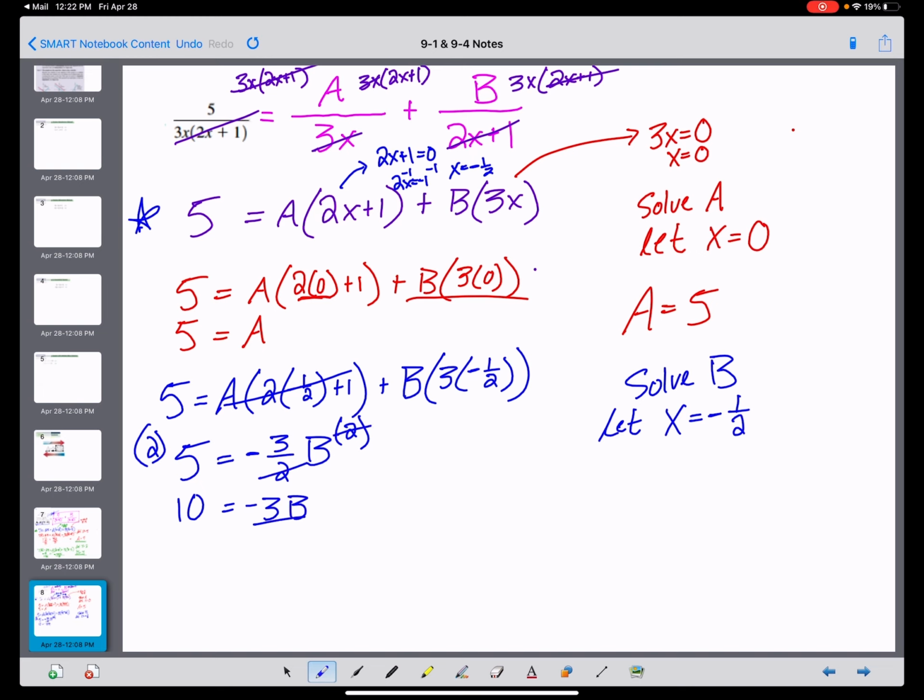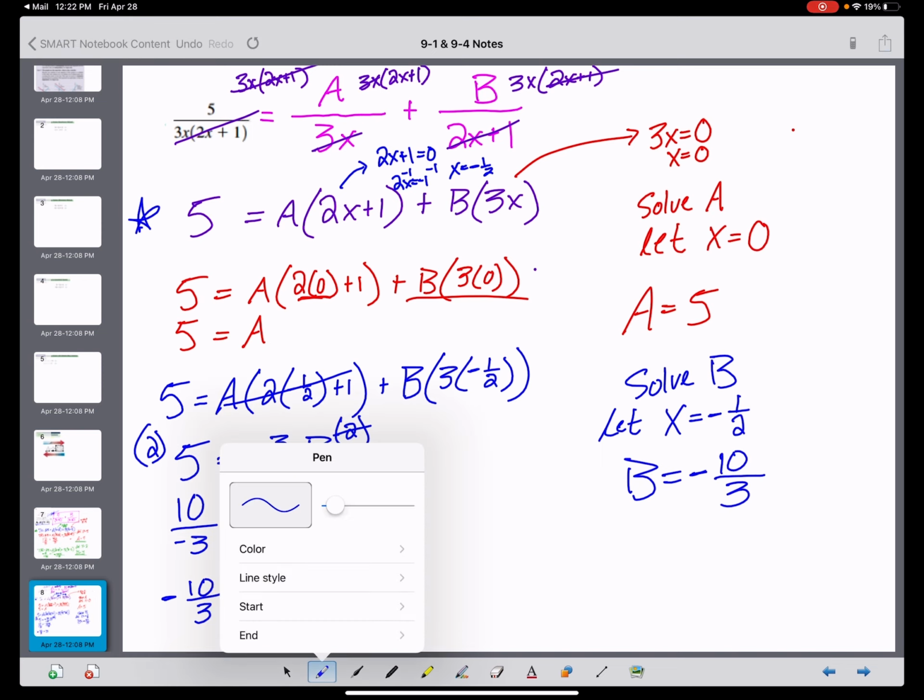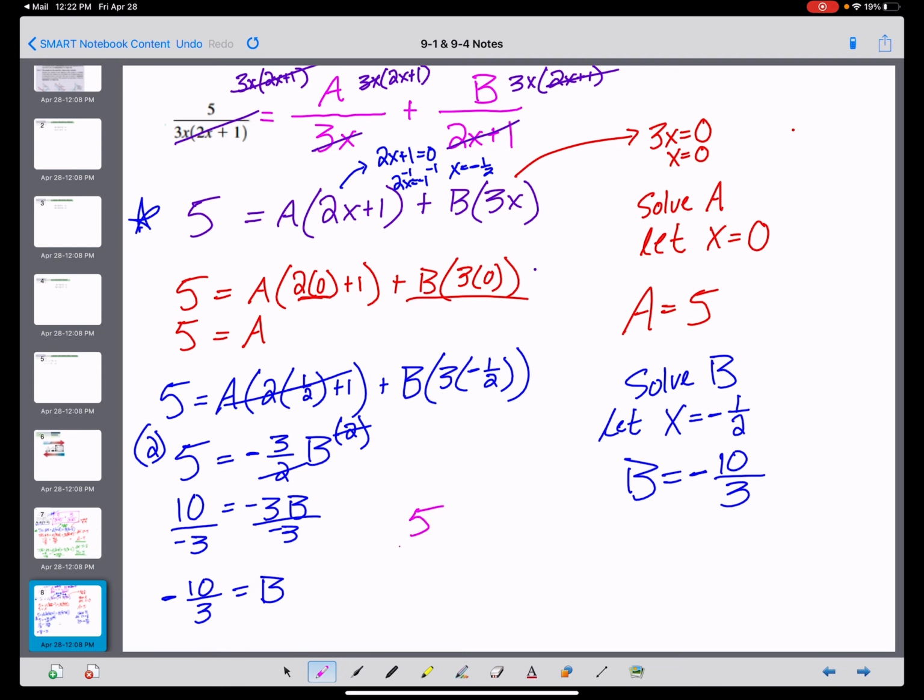I divide both sides by negative 3, and I got negative 10/3 is equal to B. B equals negative 10/3. So now I have my answer. I got A and B. Here we said A over 3x, so A is 5. 5 over 3x plus B over 2x plus 1, so this is negative 10/3 over 2x plus 1.